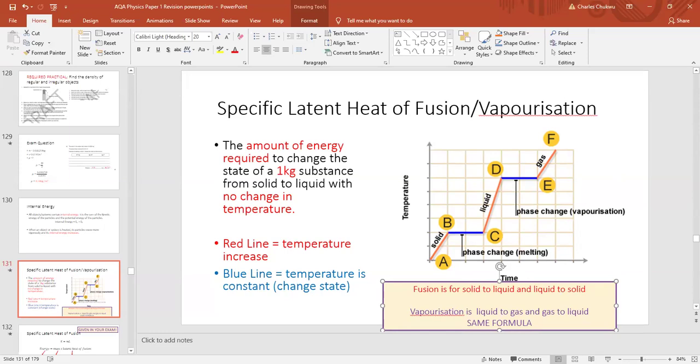Fusion has to do with solid becoming liquid, and vaporization is when liquid becomes gas. You can see it from the graph there. That's explaining those things.